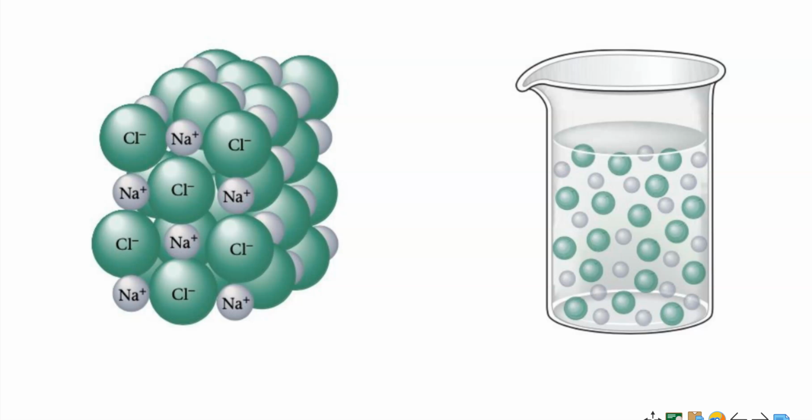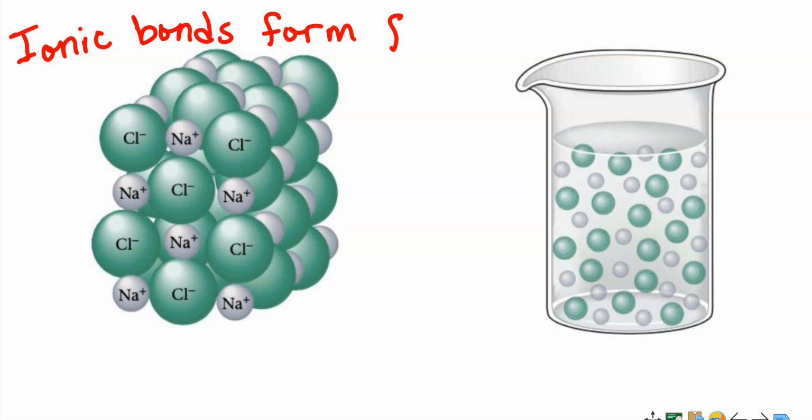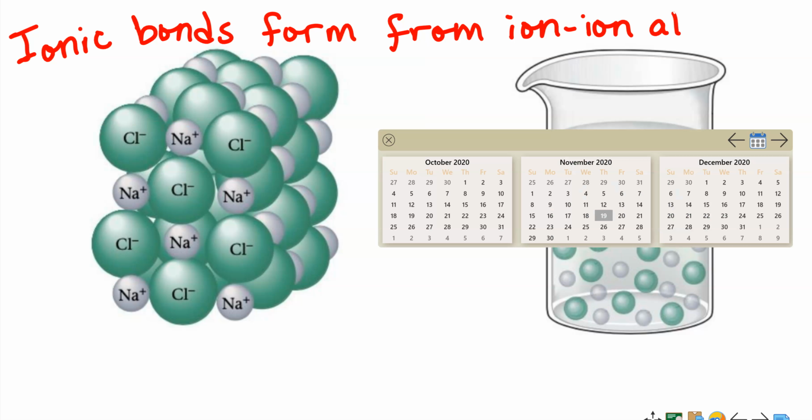Now, the first type of bond that we're going to discuss are ionic bonds. Ionic bonds form from ion-ion attractions.